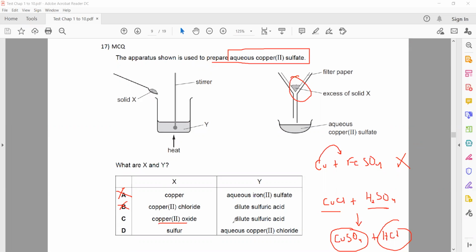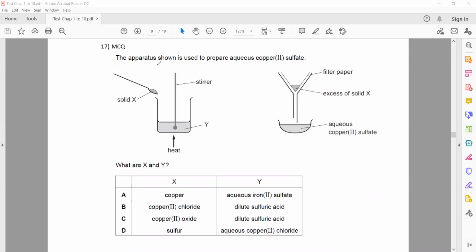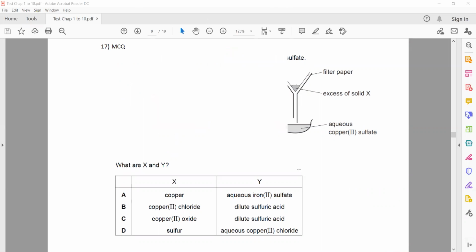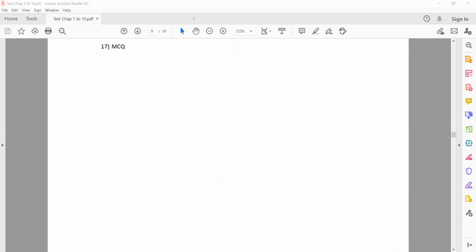When metal oxide, or copper oxide, reacts with sulfuric acid, the unreacted metal oxide will be left on the filter paper. And this is a salt with acid. How do we prepare a salt? If you want to prepare a soluble salt, aqueous meaning soluble, what are the methods?